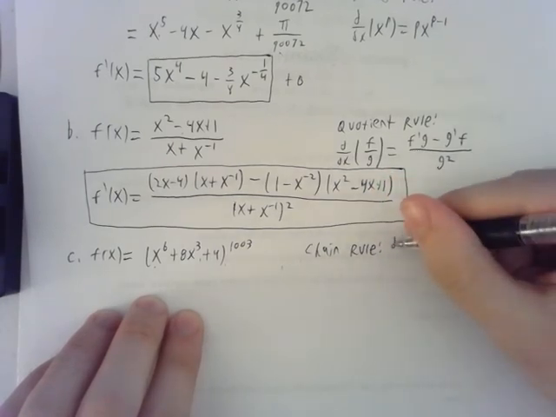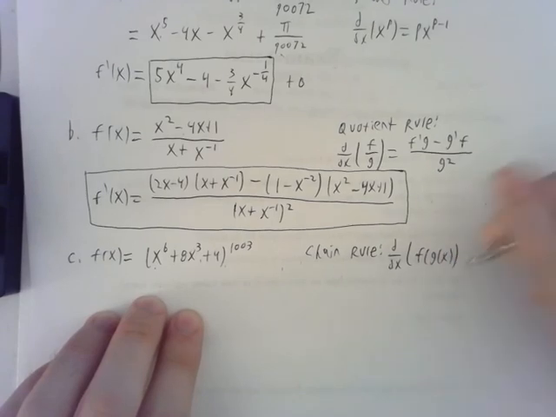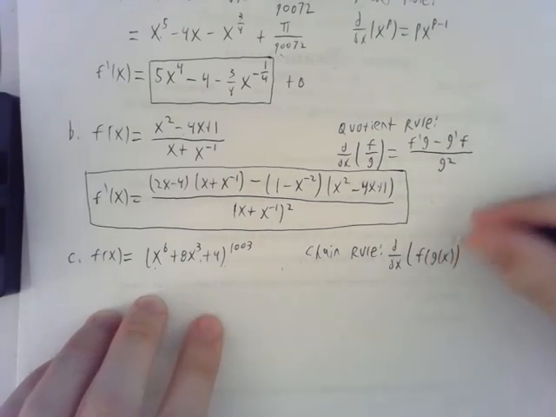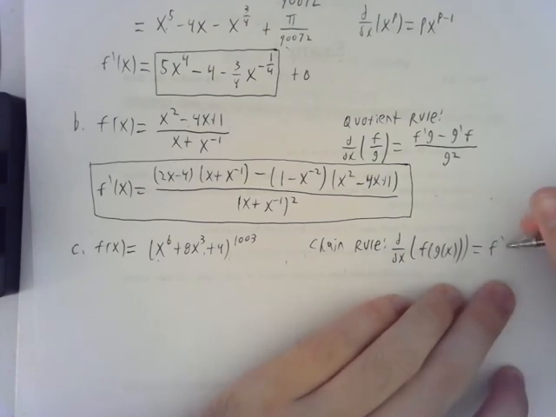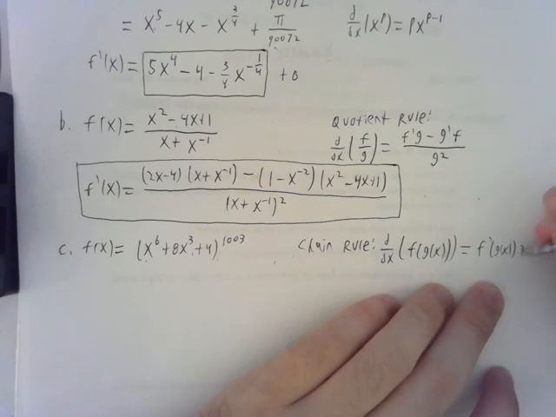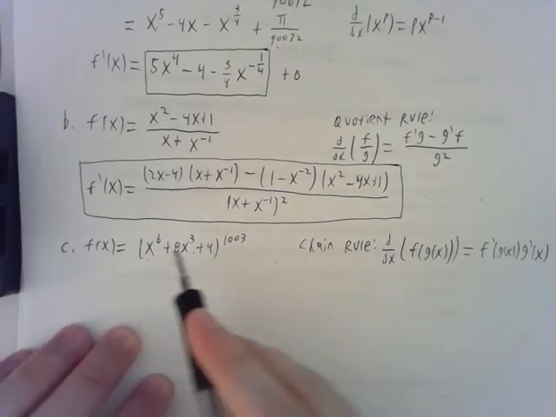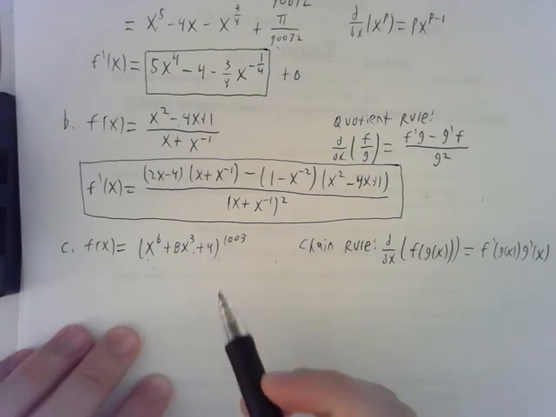which says that the derivative of f of g of x is equal to f prime of g of x times g prime of x. And so if we look at this formula here, the f of x role is played by x to the power 1003.